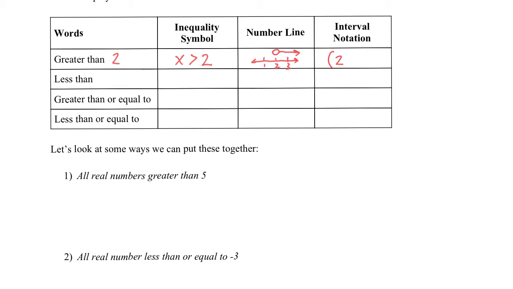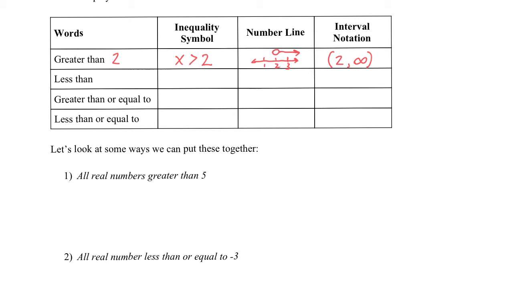So it's going to be 2, comma, and then it goes to infinity. And infinity always gets a parenthesis. We're also going to see brackets in here, which I'll show you in just a minute. What this says is all the real numbers from 2 to infinity, and this parenthesis means don't include 2.